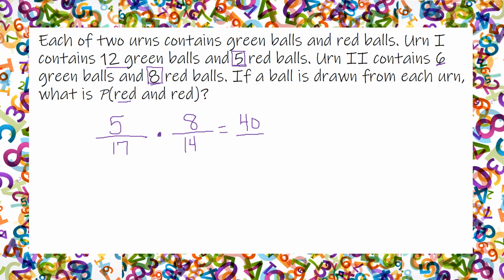And 17 times 14 gives me 238. I do see that these are both divisible by 2, so we do want to simplify. And we get 20 out of 119. So the chances of getting a red ball from the first urn and a red ball from the second urn are 20 out of 119.